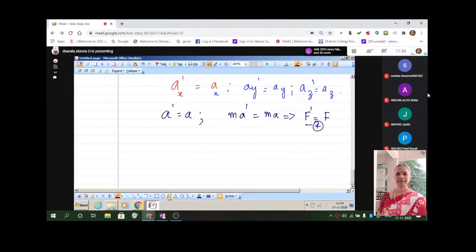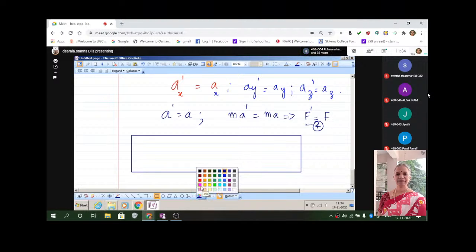So, a very important conclusion. What is the important conclusion that we are writing here is the acceleration is the same in both the S and S prime frames, S as well as S prime frame.